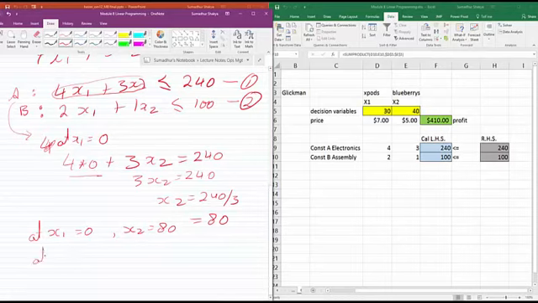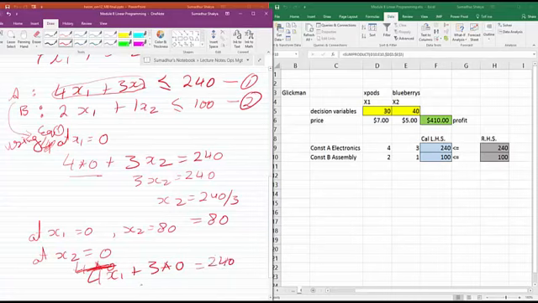Now at x2 equals 0, let's solve equation 1 again. Okay, now this is all using equation 1. So at x2 equals 0, let's see what it becomes. 4x1 plus 3 times 0 equals 240.